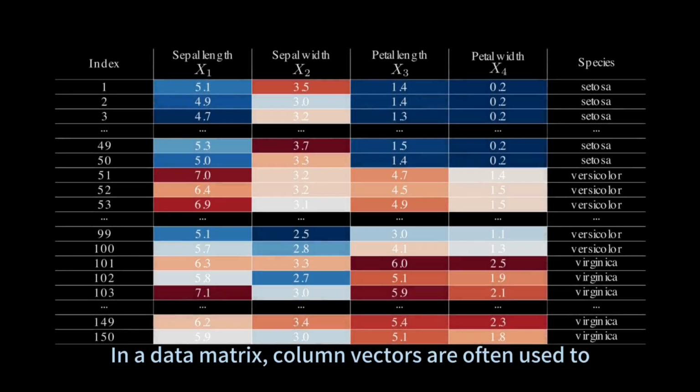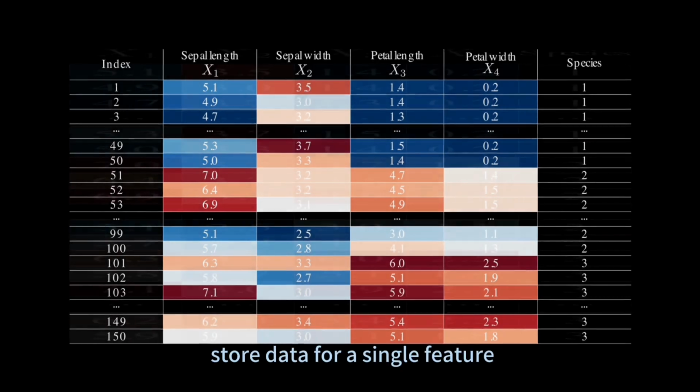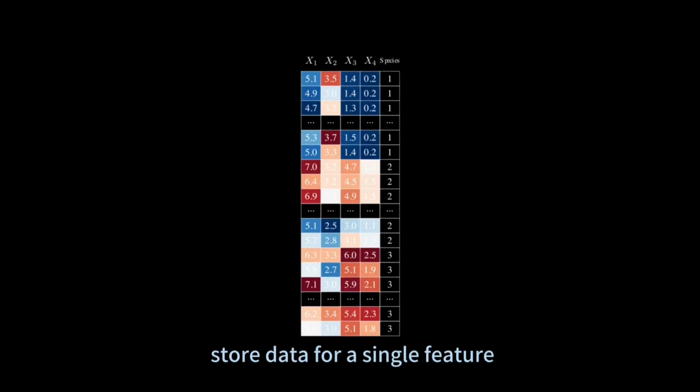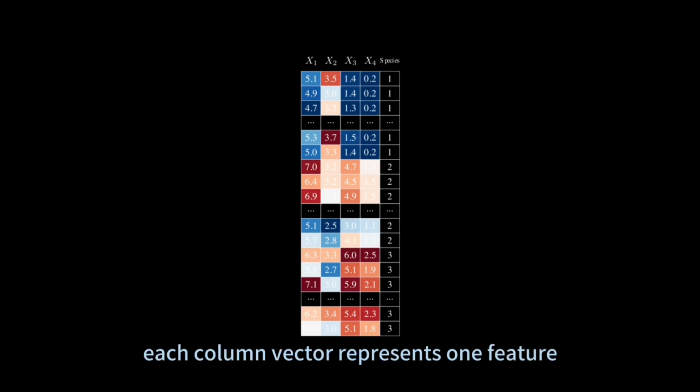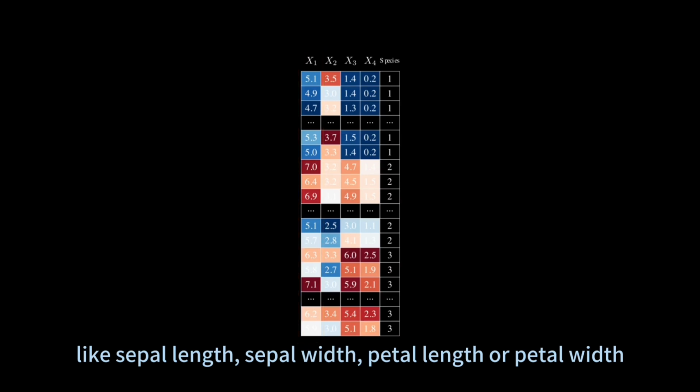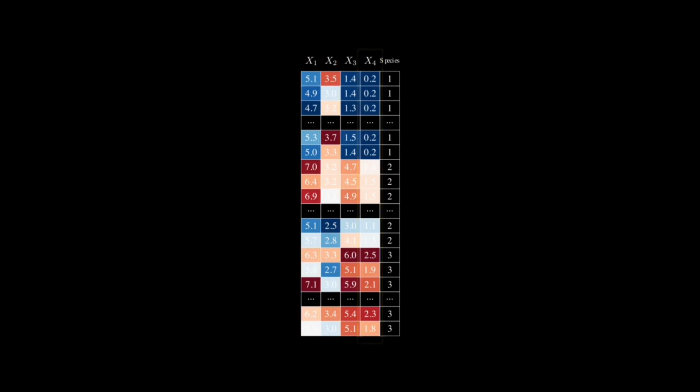In a data matrix, column vectors are often used to store data for a single feature. For example, in the iris dataset, each column vector represents 1 feature, like sepal length, sepal width, petal length, or petal width.